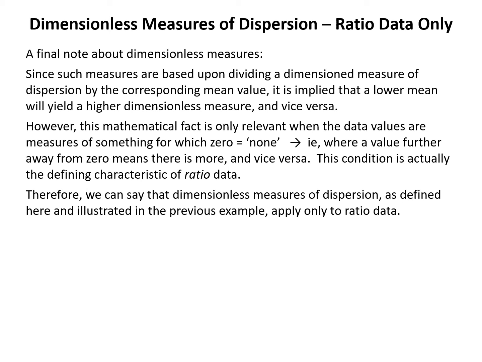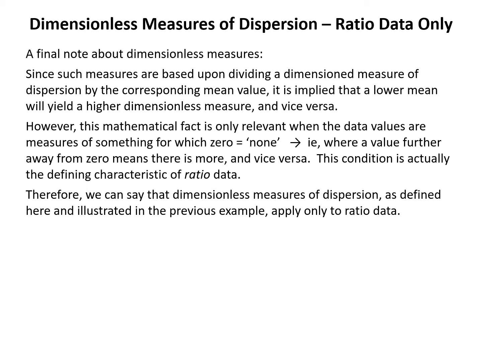Now, a final note about dimensionless measures is that since such measures are based upon dividing a dimension measure of dispersion by the corresponding mean value, it's implied that a lower mean will yield a higher dimensionless measure and vice versa. However, this mathematical fact is only relevant when the data values are measures of something for which 0 means none of whatever the quantity is that we're measuring.